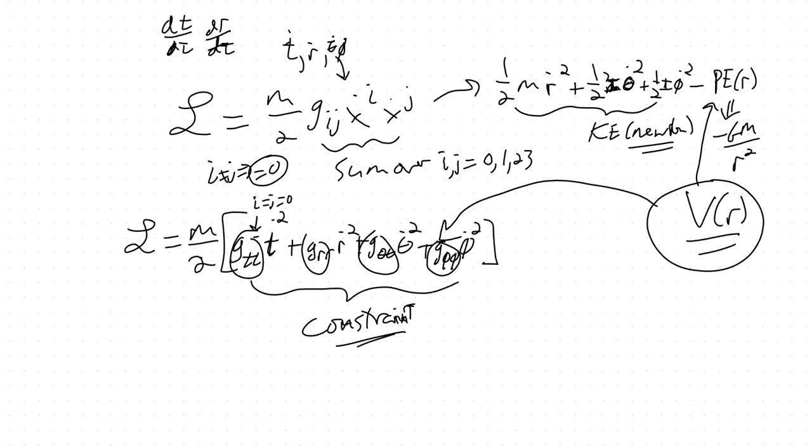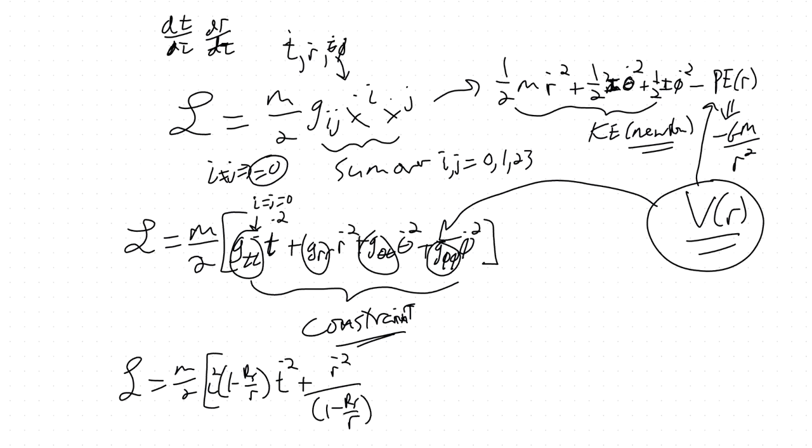This g_tt, let's write this whole thing out. g_tt is c squared times 1 minus rs over r, that depends on r only, times t dot squared, plus r dot squared over 1 minus rs over r, again only a dependence on r.